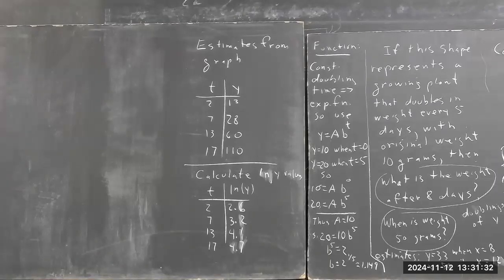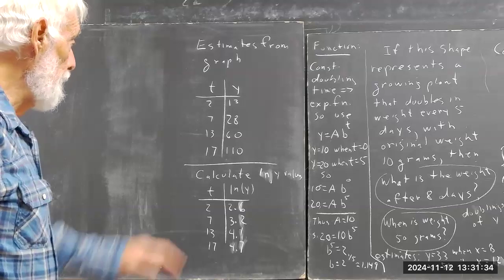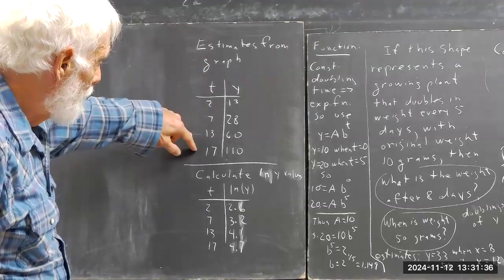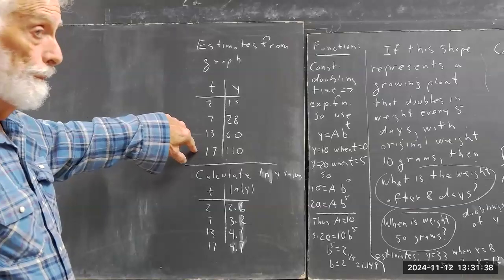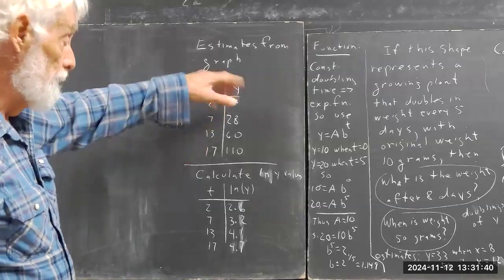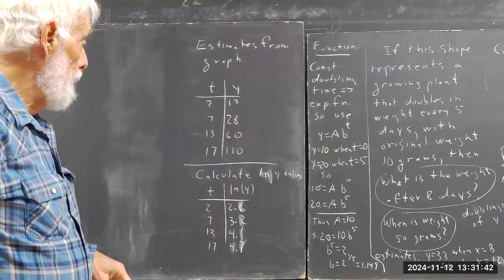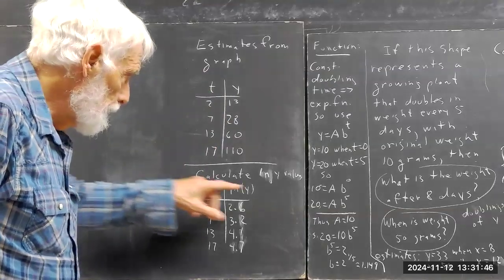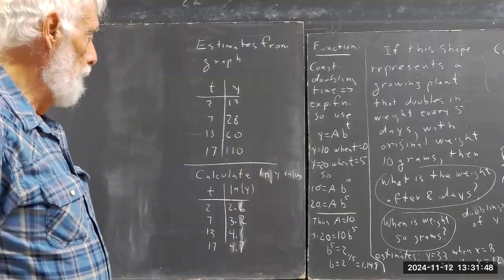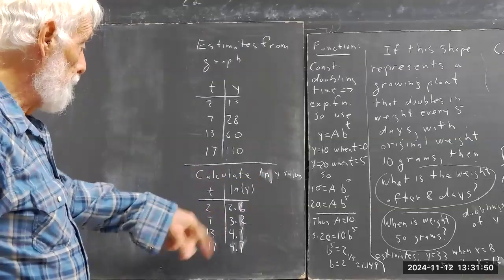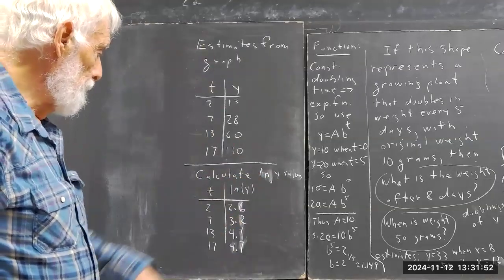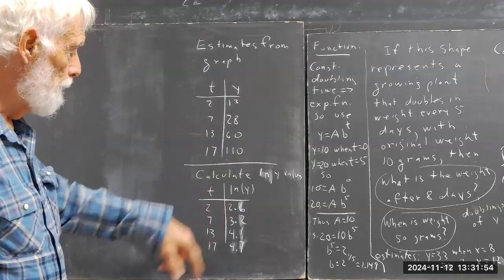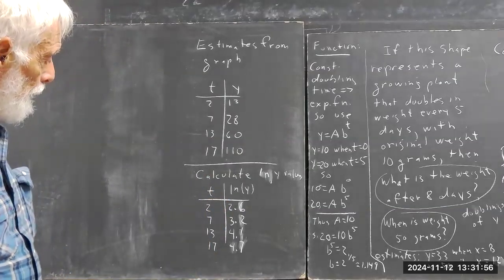Now, I've asked everybody to take these estimates from the graph, which are just my estimates, and make a table of y versus t. Now we're going to calculate the natural log of y for each of these. I made estimates that were kind of close, but pretty far off on what these values ought to be.